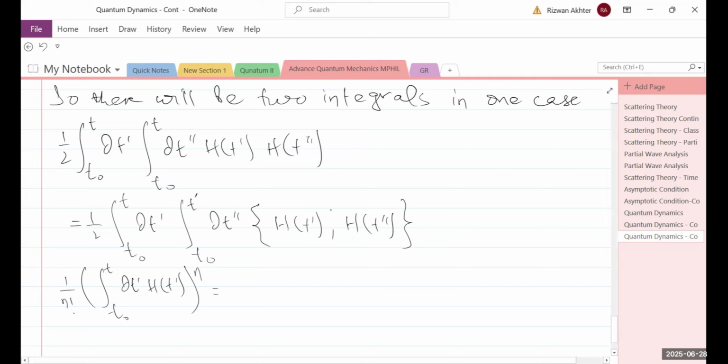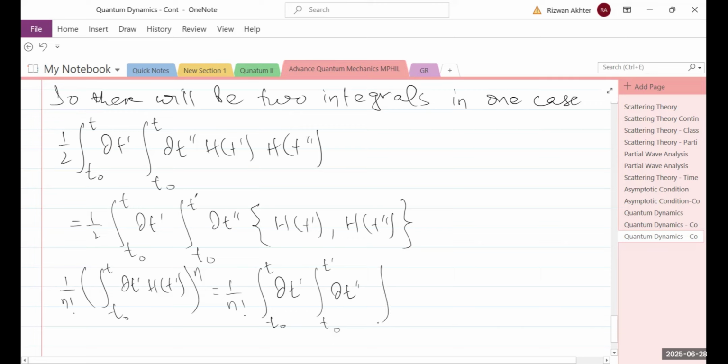this integral for the nth term as, so let's find out the cursor. So we have this 1 upon n factorial integral t naught to t, dt prime, then integral t naught to t prime, dt double prime.